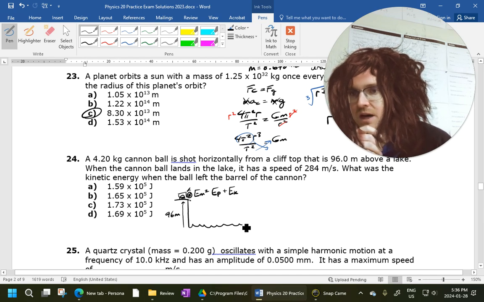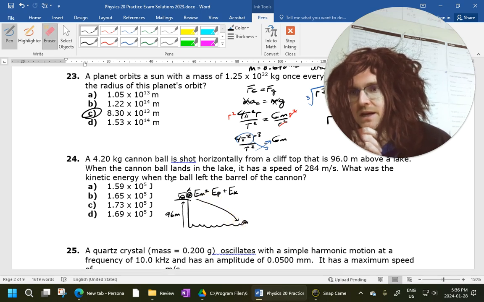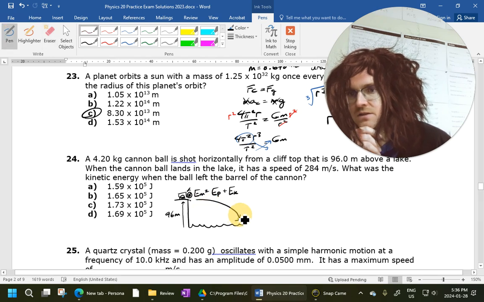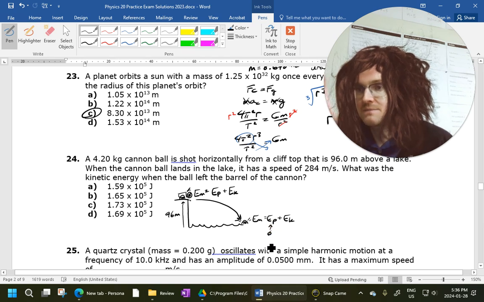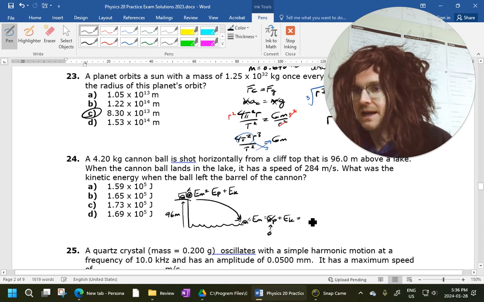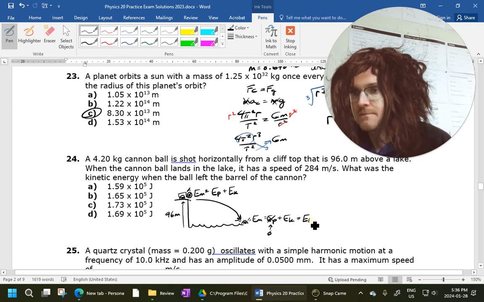But when it splashes into the water, down here, it's EM, still EP plus EK, but the EP is zero because we're measuring to the ground. The height is zero, so that's gone.